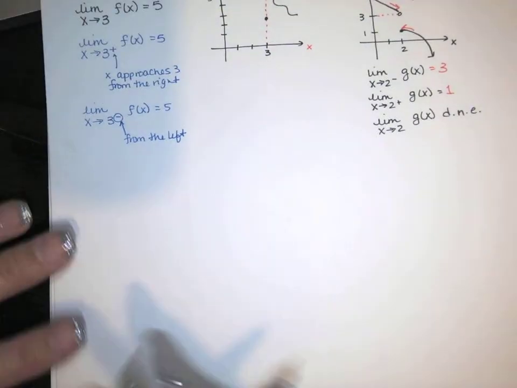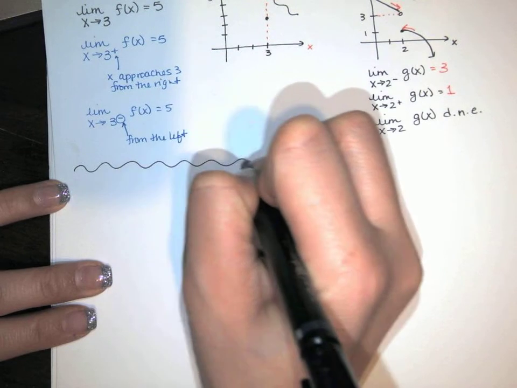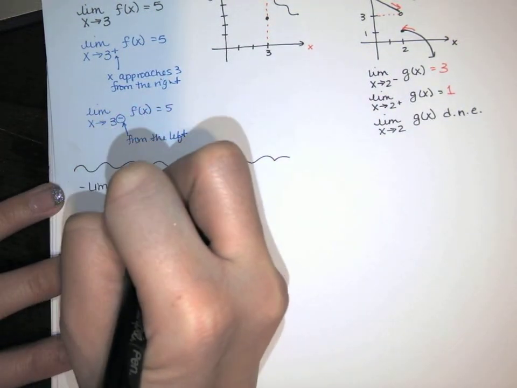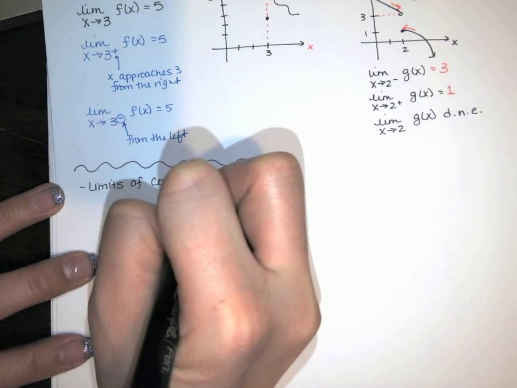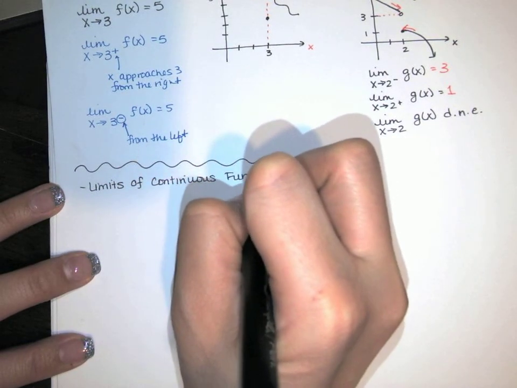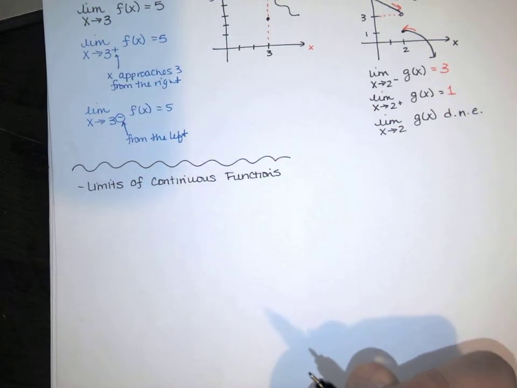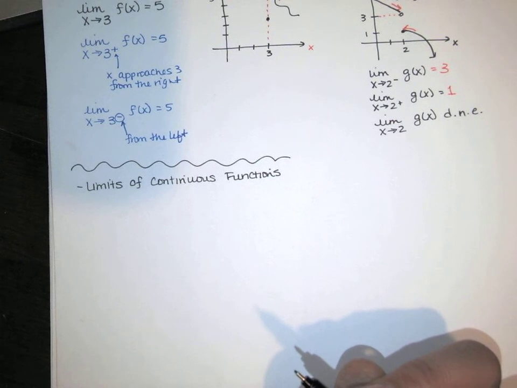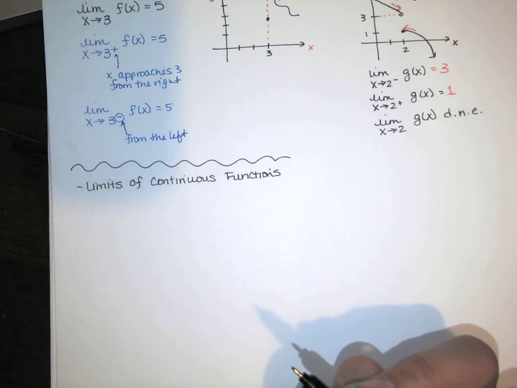A couple more things that you might need to remember from Calculus 1 is how to find limits of continuous functions. So all the functions that you studied before you got to calculus, polynomials, rational functions, exponential functions, logarithmic functions, trig functions, inverse trig functions, multiply those together, divide them, add them together, subtract them, all of those are continuous on their domains.